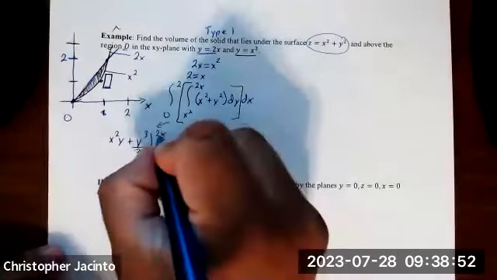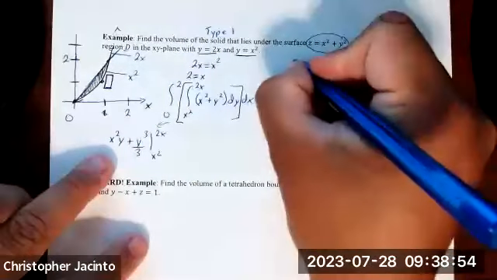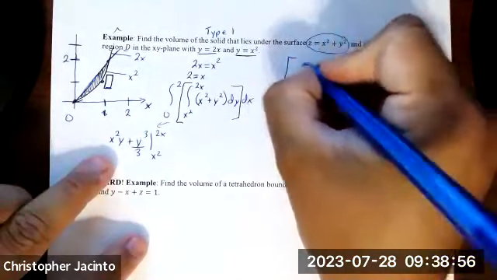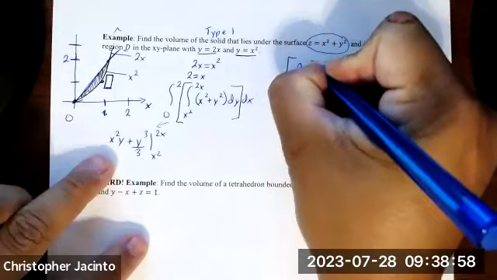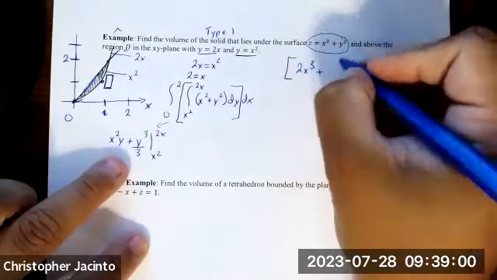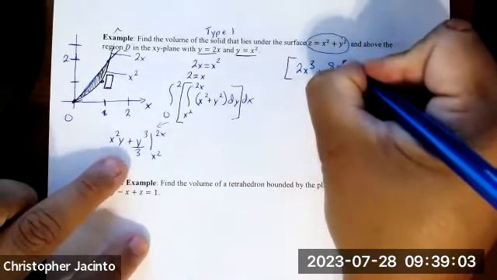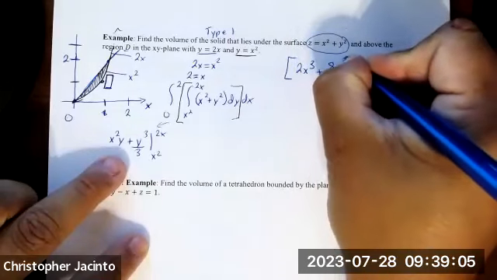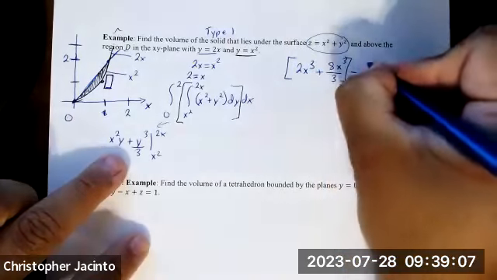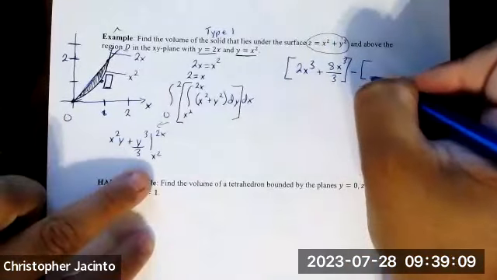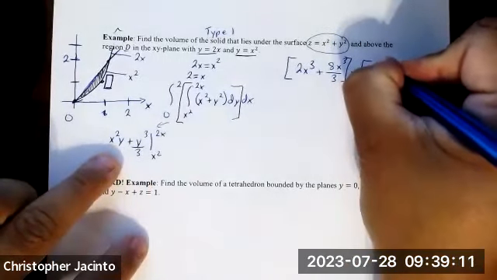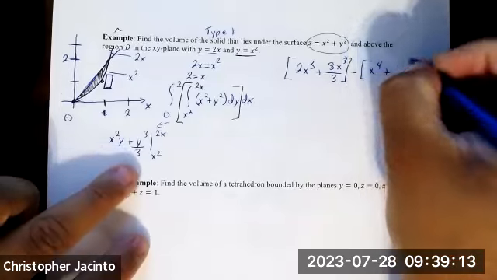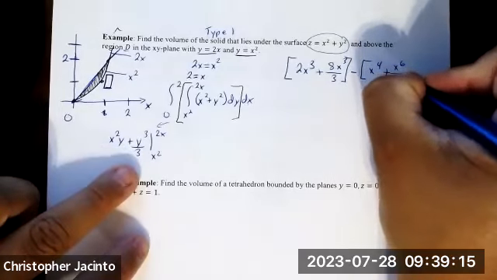So now plugging in 2x into here, that gives me 2x to the third plus 8x to the third over 3, minus, plugging in x squared, it's x to the fourth plus x to the 6 over 3.